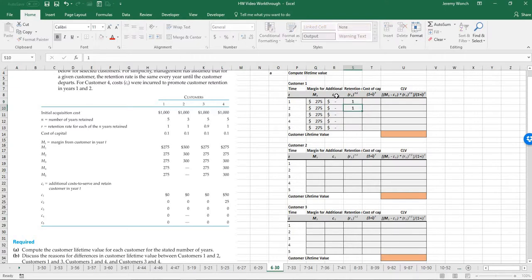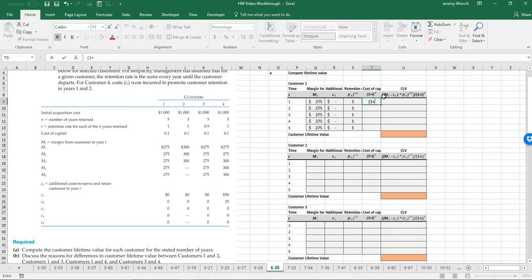It gives us a retention rate of 1, so a 100% retention rate. And then our cost of capital. Since this is a time value of money function, we have to take into consideration our interest rate over time. And it says that our cost of capital is 10%.